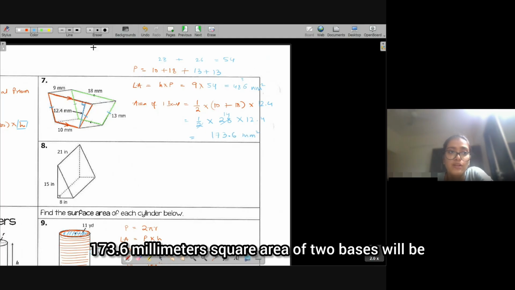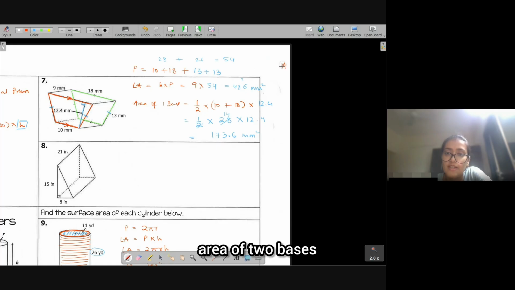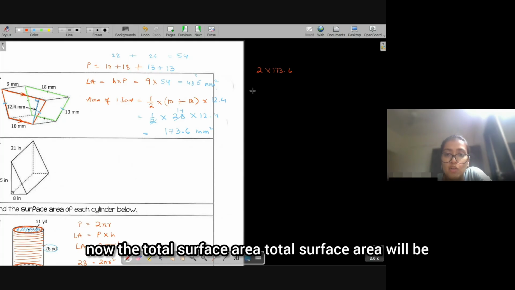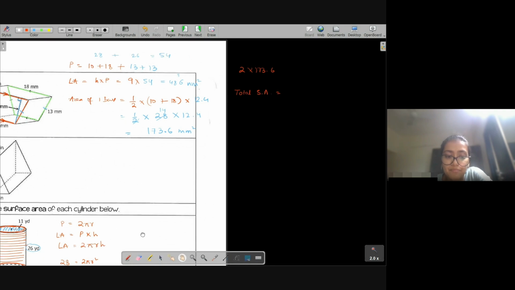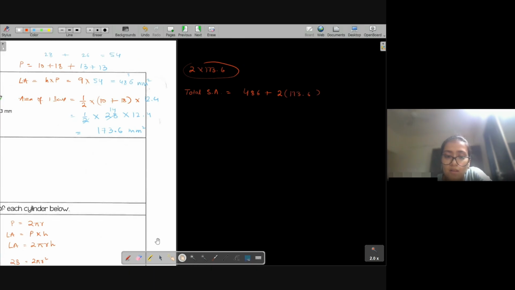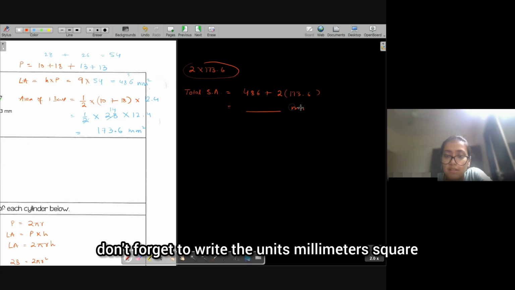Area of 2 bases will be 2 times this value, 2 times 173.6. Now the total surface area will be the lateral surface area plus this value, 2 times 173.6. Okay, and finally, don't forget to write the units, millimeters square.